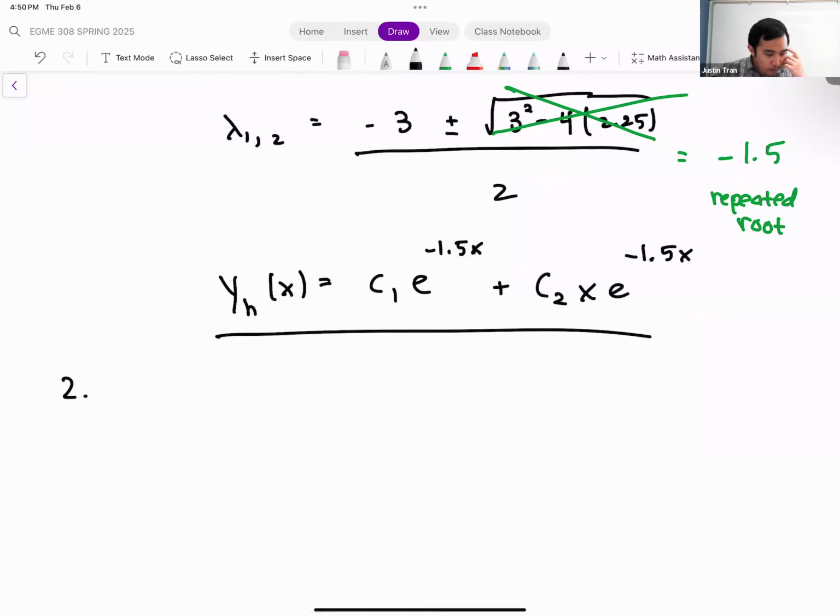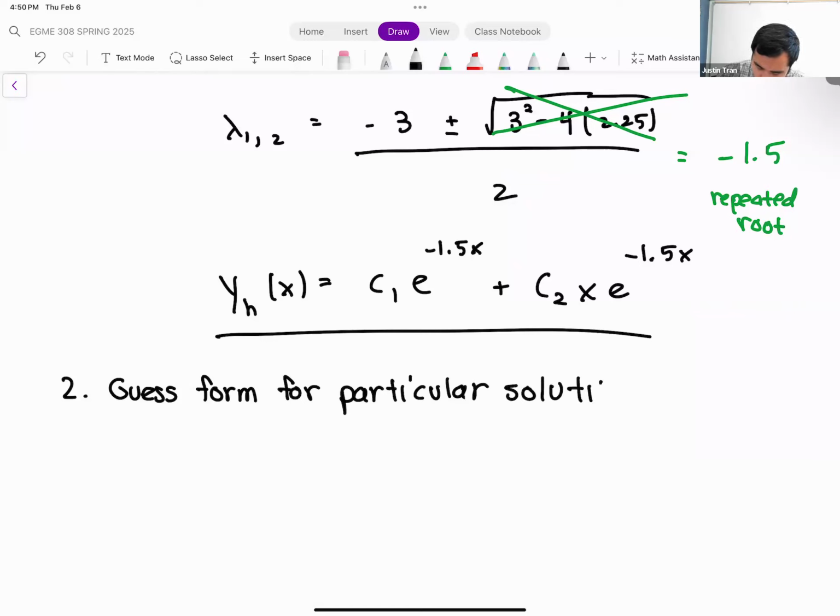Step two, let's go ahead and form our particular solution. Let me just write the problem down here. If we look at the non-homogeneous term in the original problem, it was minus 10 e to the minus 1.5x.